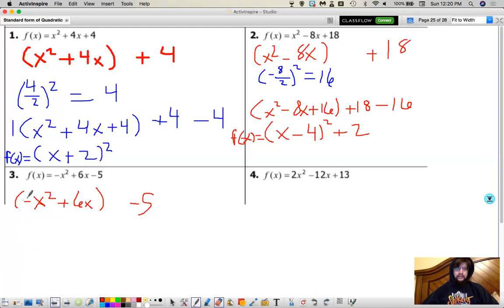So I'm going to factor out this -1. So -1, X squared, and if I take it out of a positive 6x divided by -1 is -6x. Just factored out that negative. Anytime you have anything that's not 1 right here, just factor it out.